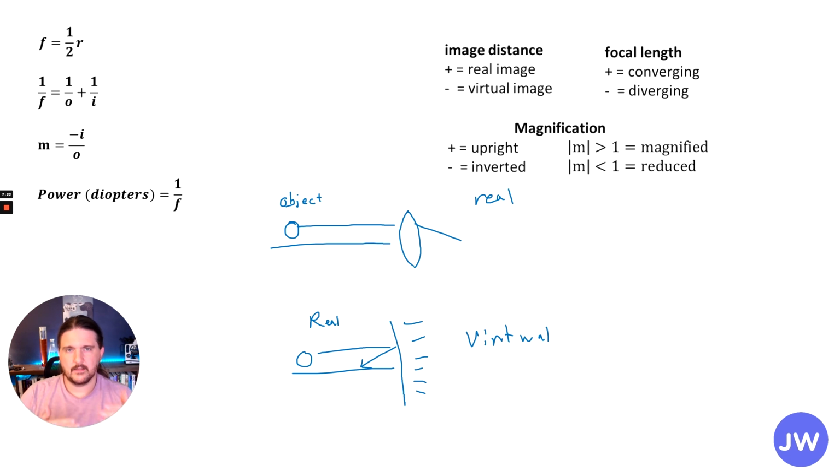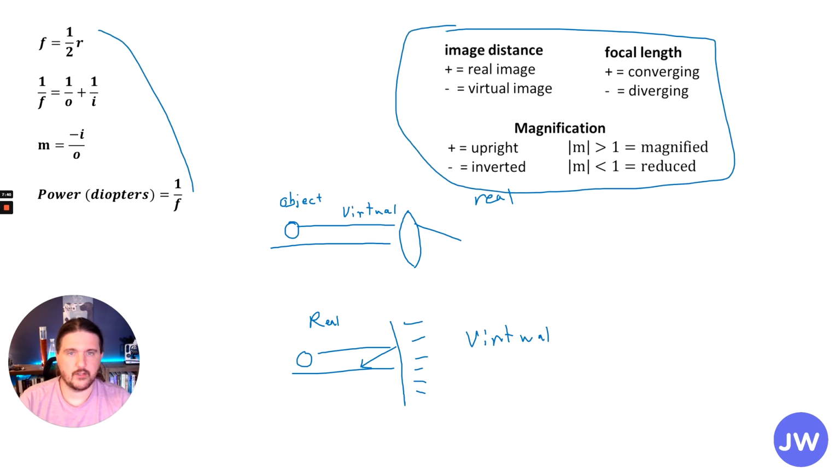But for a lens, light should go through the lens. So the other side of a lens is real. The same side, this is where we're going to have virtual things. And so that is a layer to this that we do need to pay attention to. Note that the equations that we're dealing with and all of these rules apply to both lenses and mirrors in all scenarios.